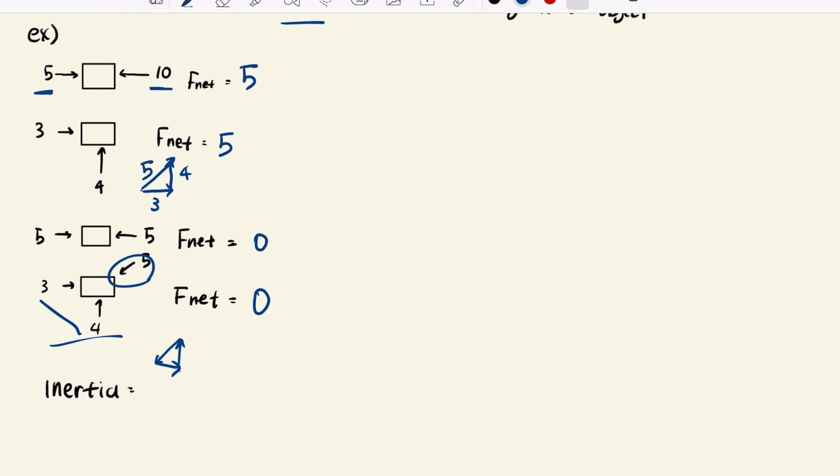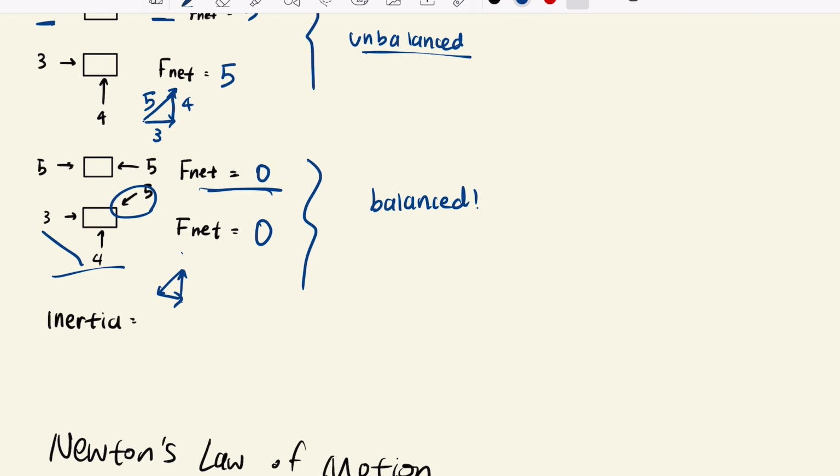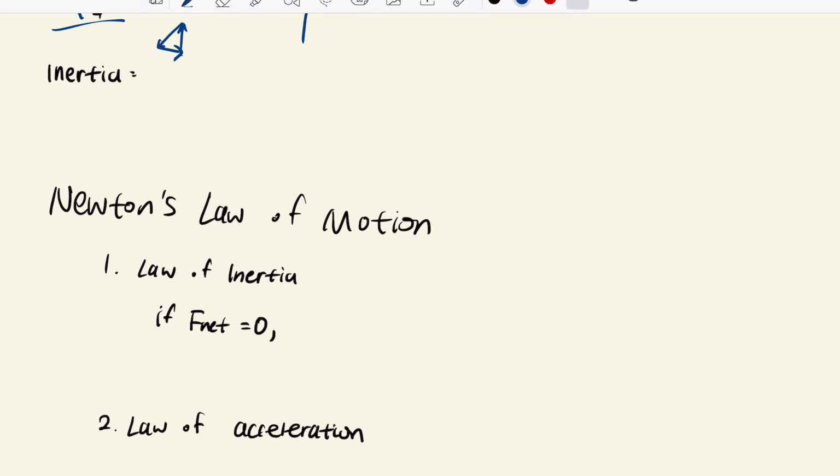So here, these two cases are called unbalanced forces. These cases are called balanced forces. When F net equals 0 and all the forces cancel out, they are called balanced forces.